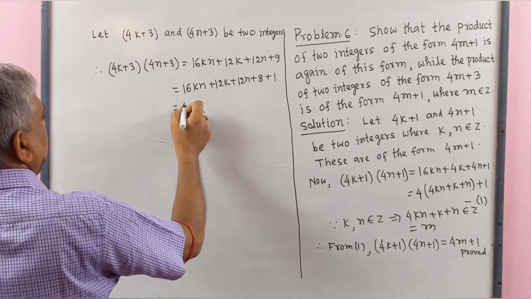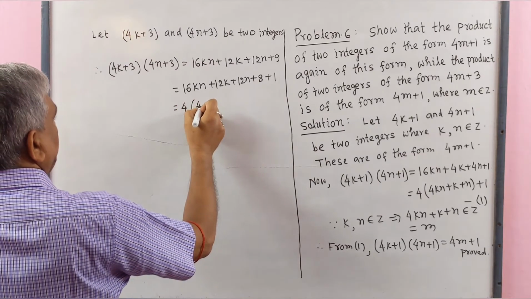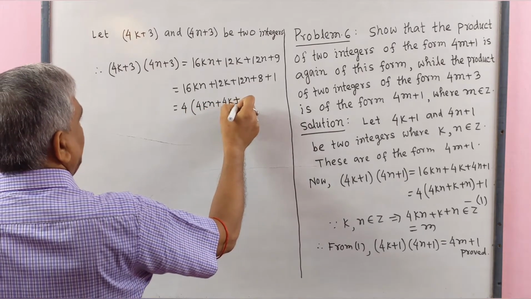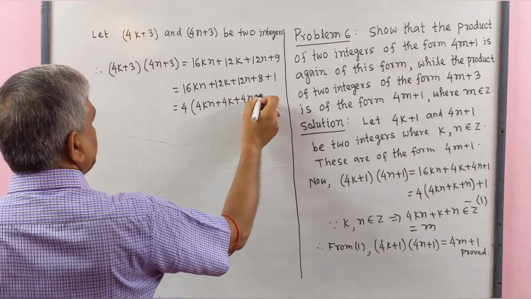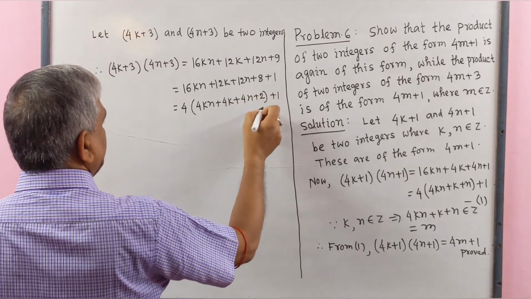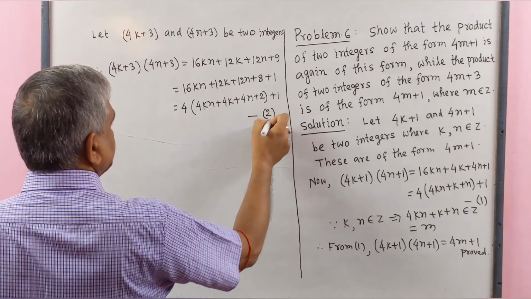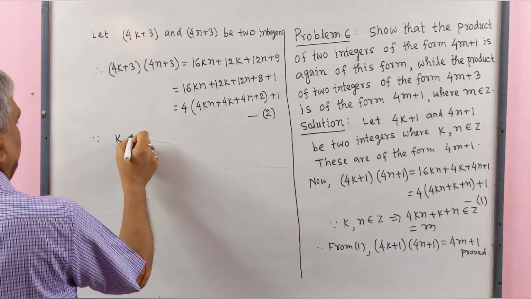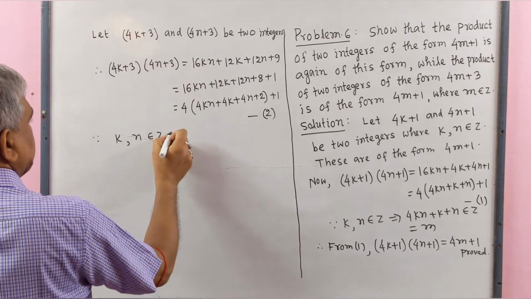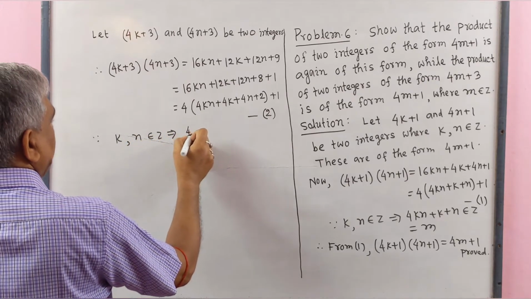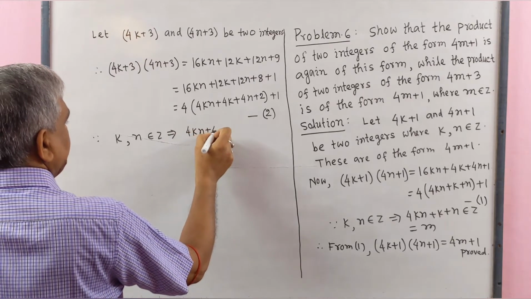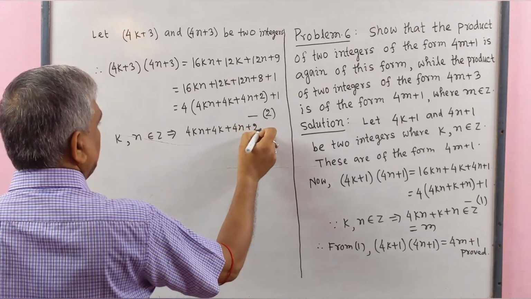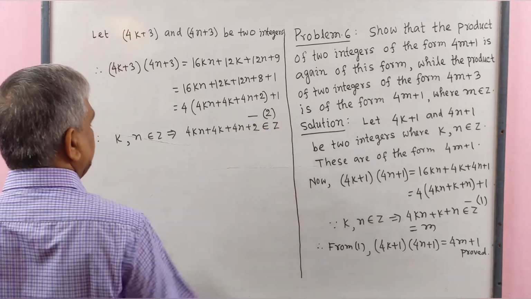This equal to, we take common 4, 4 times (4kn plus 3k plus 3n plus 2) plus 1. Let this be number 2. Since k and n are integers, it implies that 4kn plus 3k plus 3n plus 2 is also an integer.